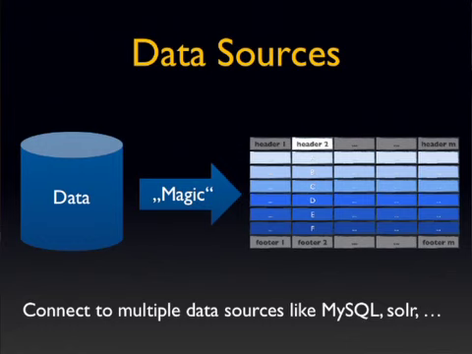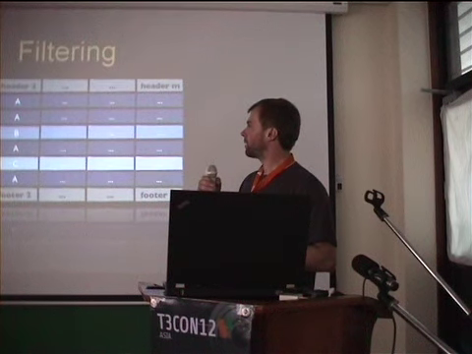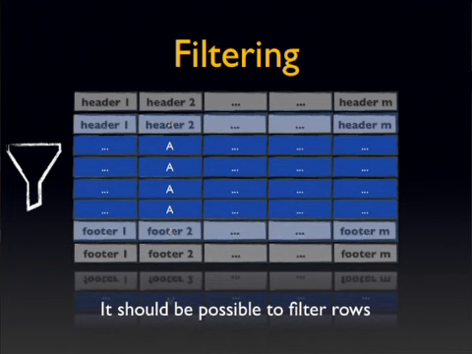Then normally, you know that from many interfaces, if you click on something in the list, then your data should be sorted, like here. Or you want to restrict the results to some filter, so you only show part of the data.